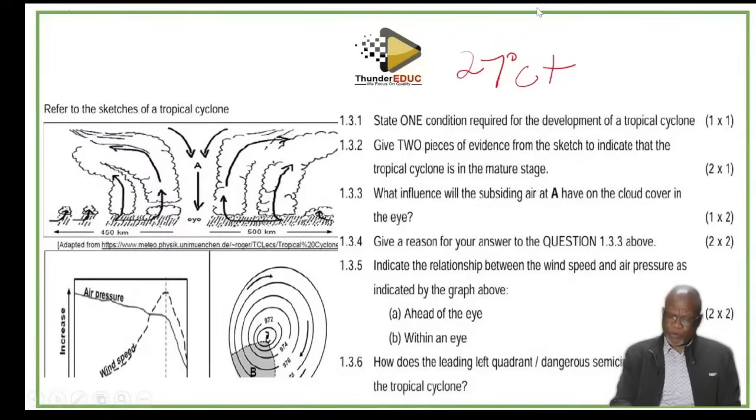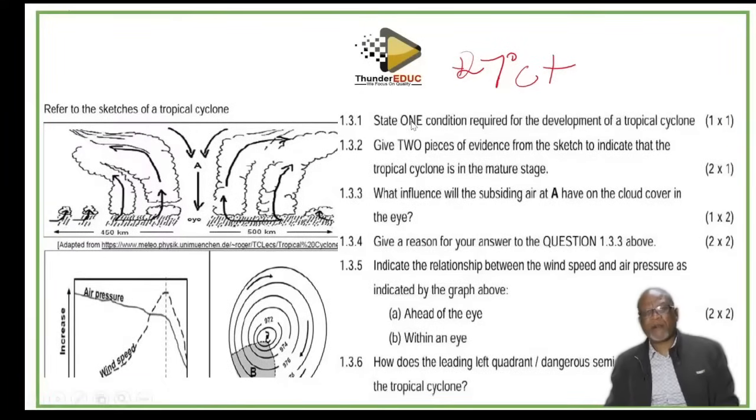Number two, what do tropical cyclones need to develop besides temperatures of 27 degrees and above? They also need Coriolis force, because Coriolis force is the one that results in the rotation of the winds. And then they also need a high level of evaporation. What is the importance of a high level of evaporation? It creates intensive low pressure, because the air is rising and the pressure is getting lower and lower.